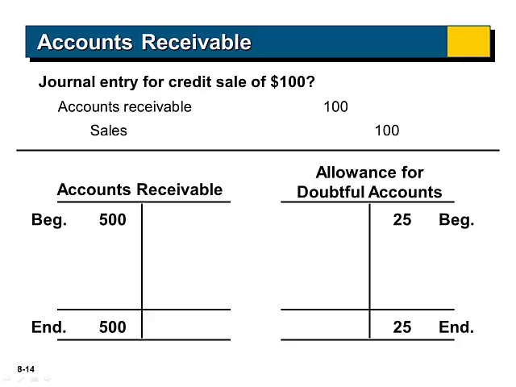So let's say that we have a credit sale of $100. When you sell something on account for $100, you're going to debit your accounts receivable, increase your accounts receivable by $100, and you're going to credit sales for $100. So your accounts receivable goes up by $100, which gives you a $600 balance in accounts receivable. Your allowance does not change based on that sale.